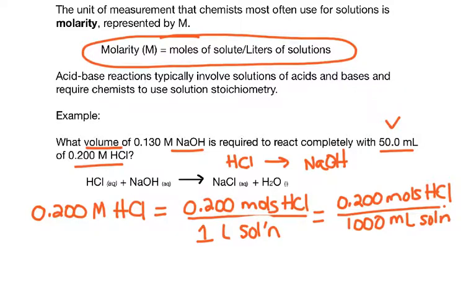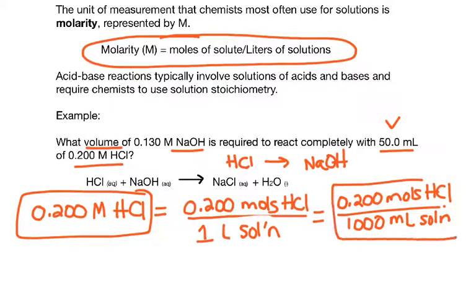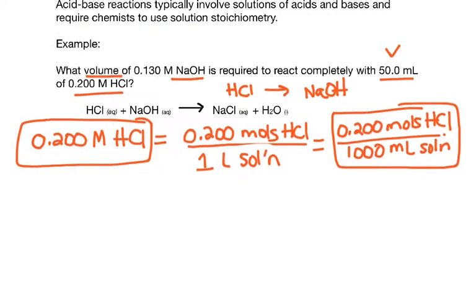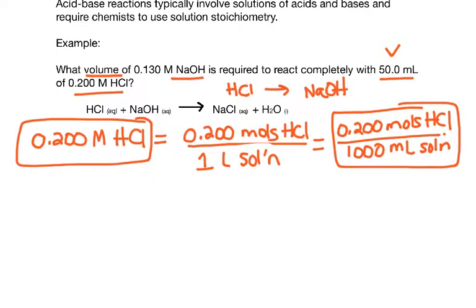So this information with molarity has now been turned into essentially a conversion factor that we can use in our fence. Look at how this is set up. You have moles on top, milliliters on the bottom. I need moles to get to my mole ratio, so I want to get rid of milliliters.